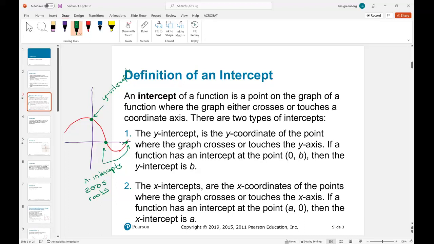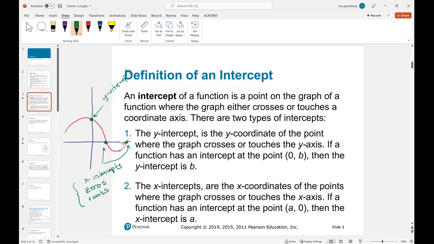These are somewhat comparable. For this class, we can call them the same. The only time they wouldn't be the same is sometimes zeros and roots won't be x-intercepts, but that's only if we have complex numbers, which we're not dealing with in this class. So all these are really equivalent words.